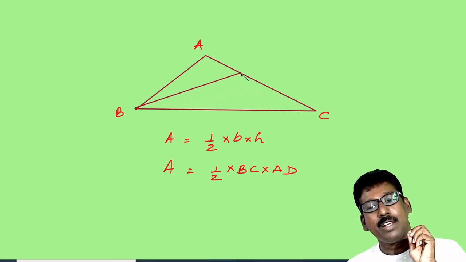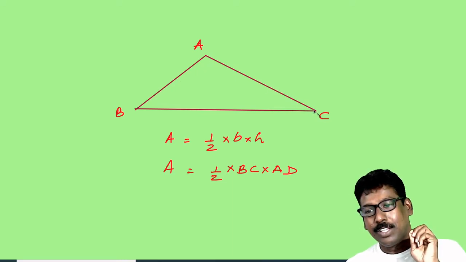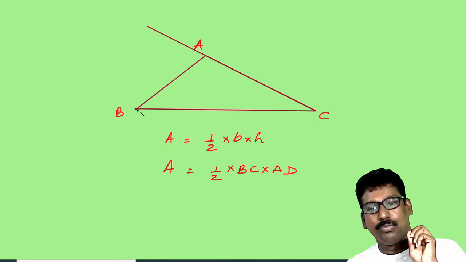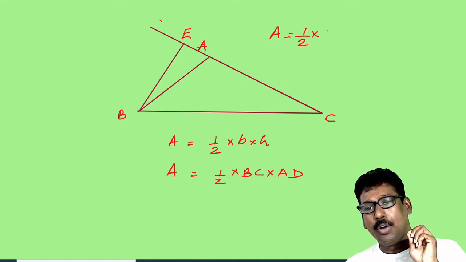It won't be a perpendicular. So what to do? There is a method. What you have to do is, you just produce the side AC. Now from B you can draw a perpendicular to AC produced. Let it be E. So here you can write area is equal to half into base AC into height BE.